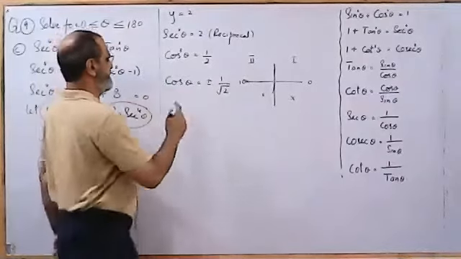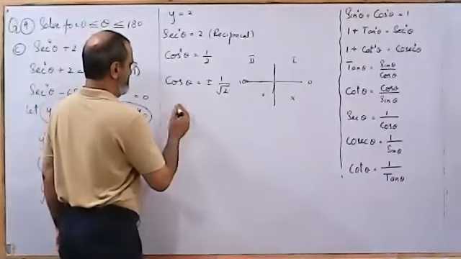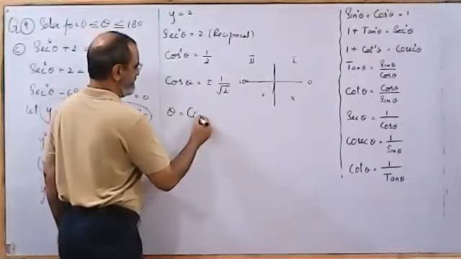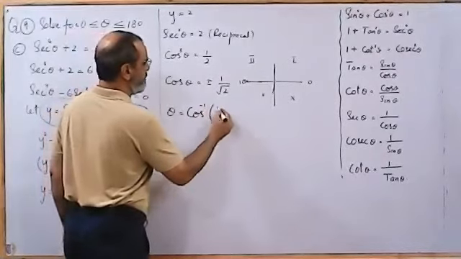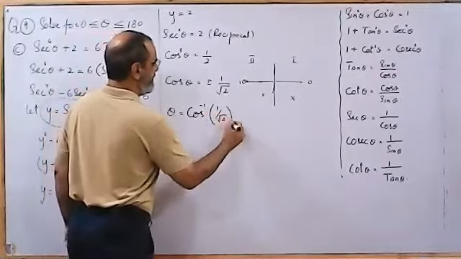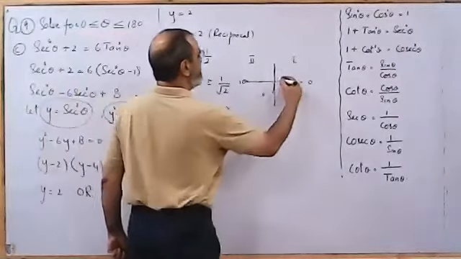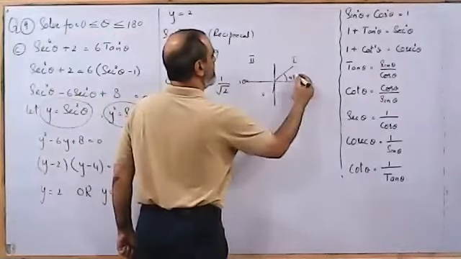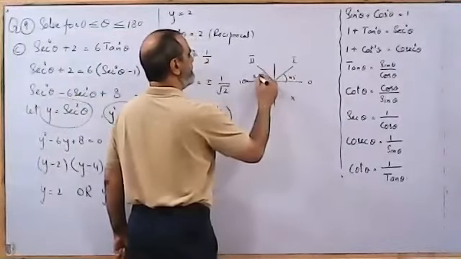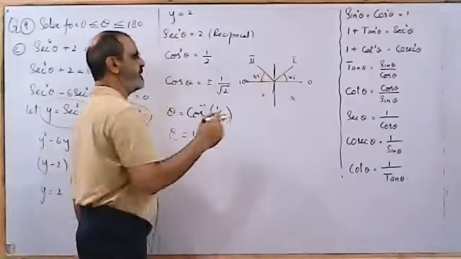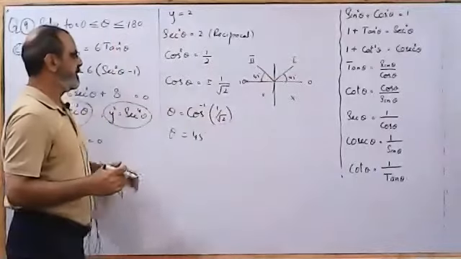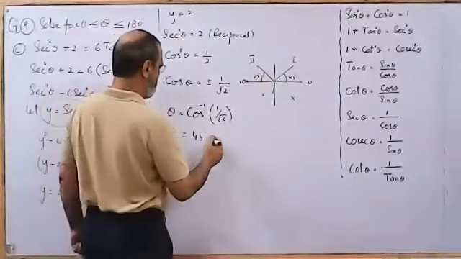If I take cos inverse of 1 by root 2, it gives me the base angle 45. So 45 here and 45 here. I cannot go to the third and fourth quadrant because of this range. So my one answer is 45.